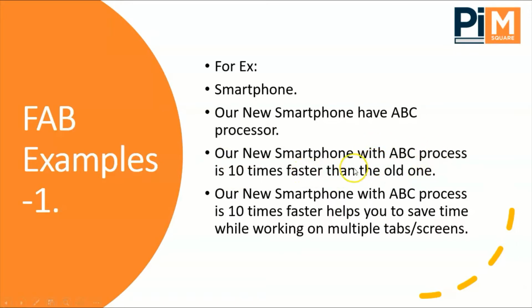So the smartphone having an ABC processor is the feature, and it works 10 times faster than the older one is the advantage. So what is the benefit for the customer?